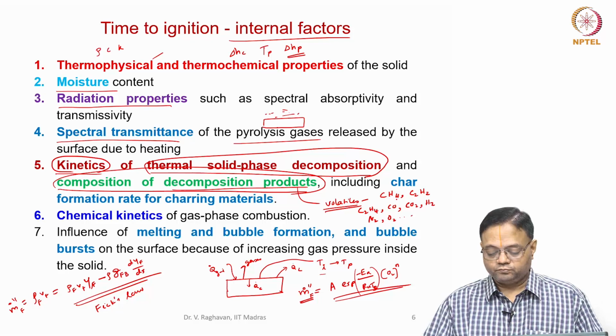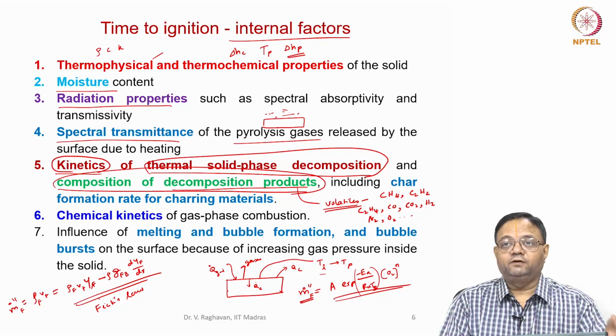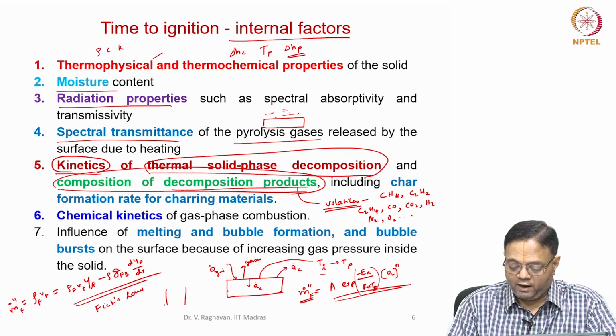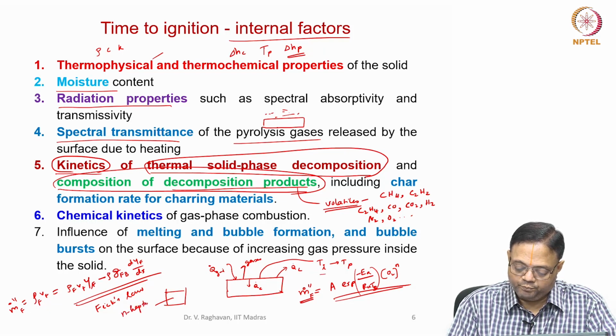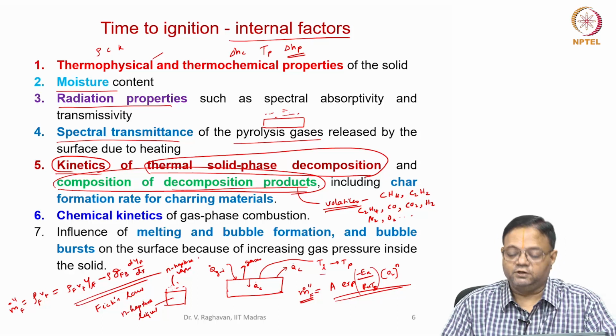Now the composition of this, that is, what is the volumetric percentage of each component in the volatile, is not constant. When a liquid fuel evaporates, for example, I have a liquid fuel, say N-heptane liquid. So in the vapor phase I will have N-heptane vapor. That's it.